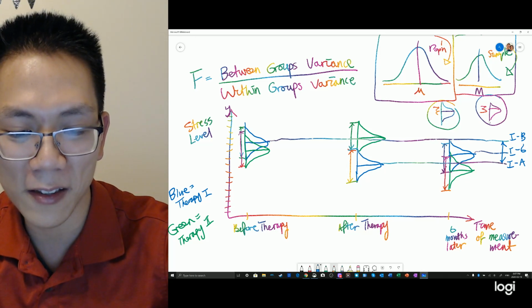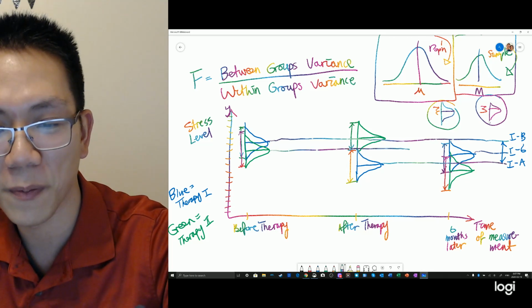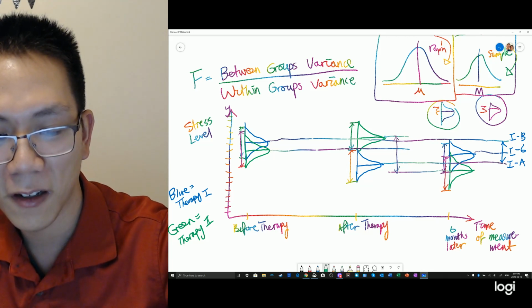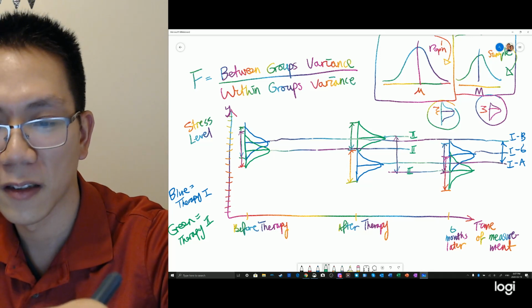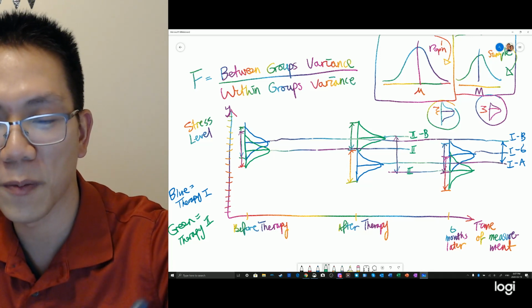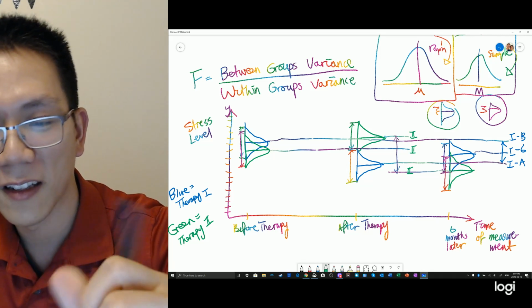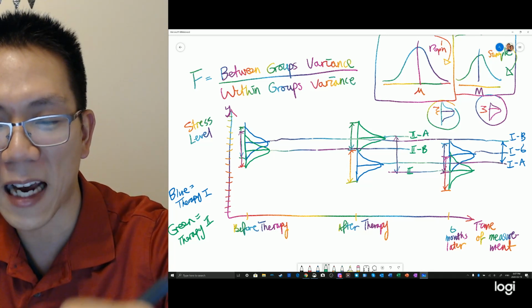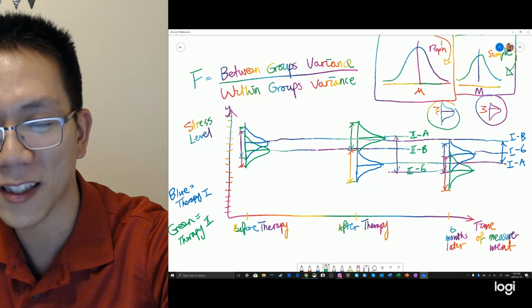Likewise, if we did the same for green, I'm just going to put the measurement over here. You may notice that it has its own spread here too. So here's therapy 2. Oh, no, hold on. This is before therapy, and then the one at the top is after therapy, and then the one at the bottom is 6 months after therapy.